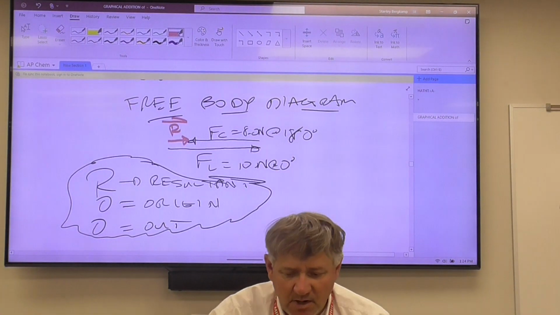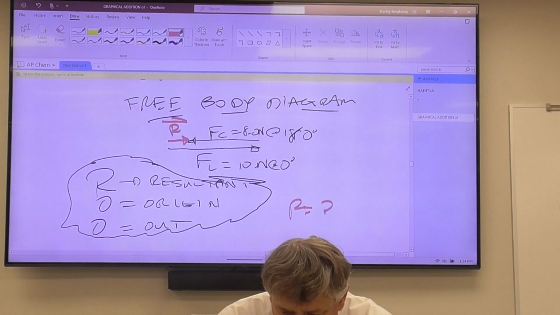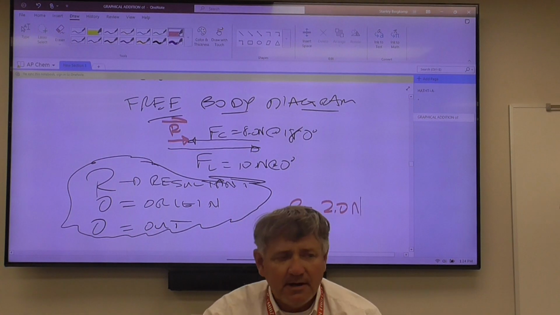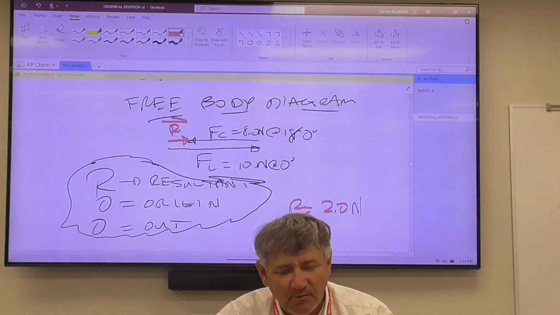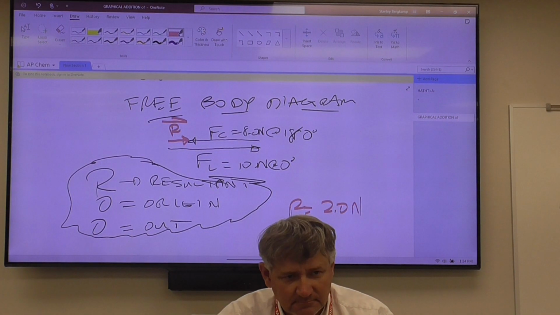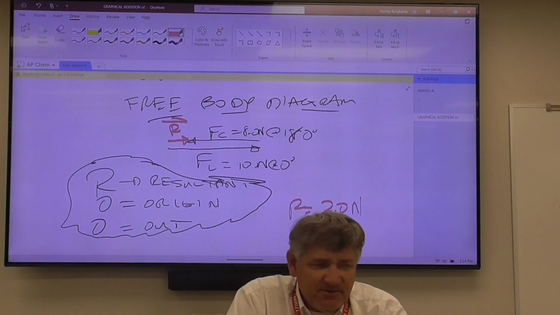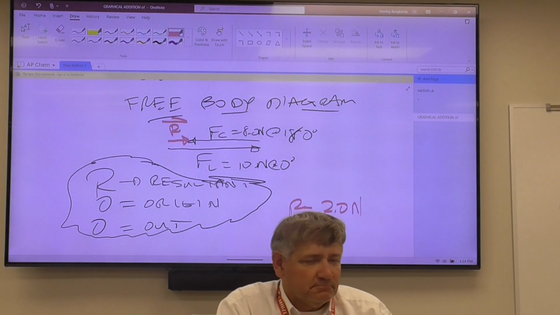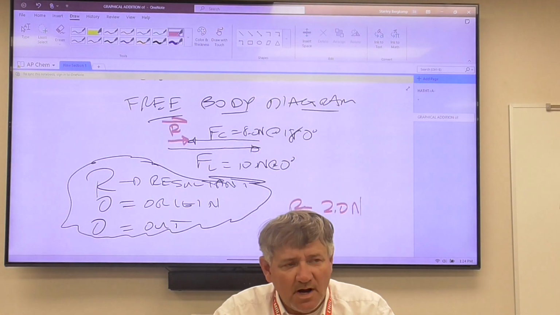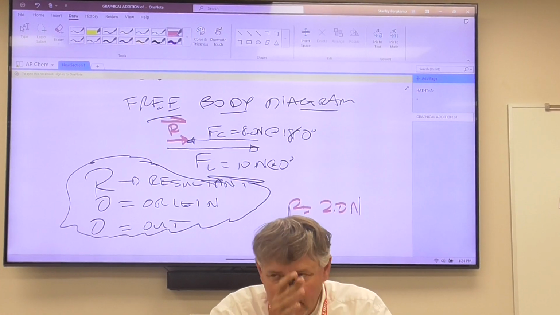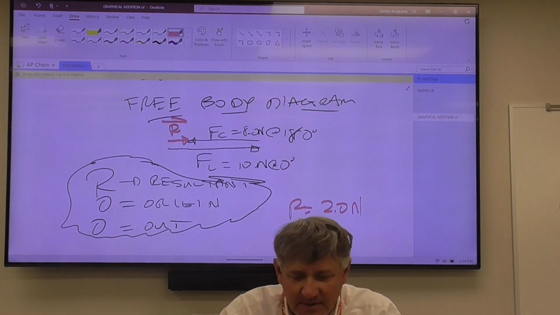Now, if you just tell me the resultant is 2 newtons, is that enough information, Andrew? Absolutely not. Why not? It does not give a direction. That's right. If I just say it's 2 newtons, cool, great. Doesn't tell me which direction. This is why you draw it from the origin out.